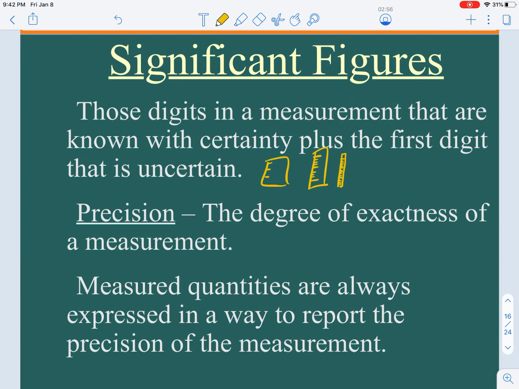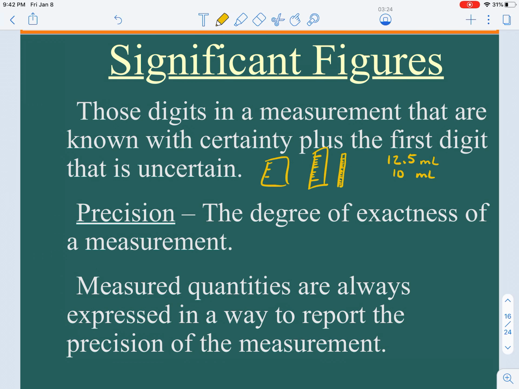So when we're talking about performing a calculation using our measured values, let's say that we used a graduated cylinder and we measured out 12.5 milliliters. Then we used a beaker to measure 10 milliliters. Now, as I've already explained, we don't know for certain if it's 10.1, 9.9, or 10.0.